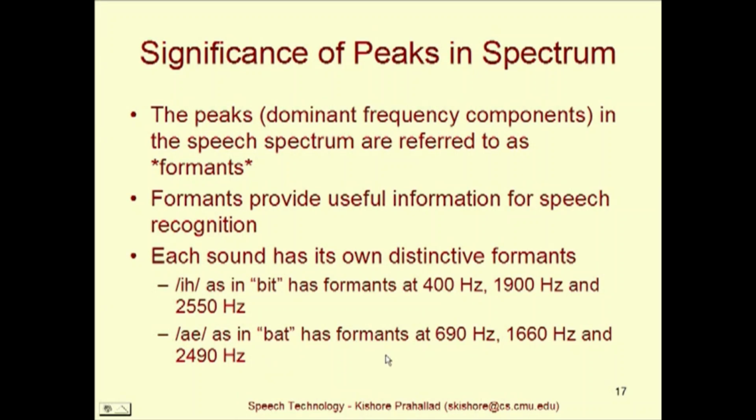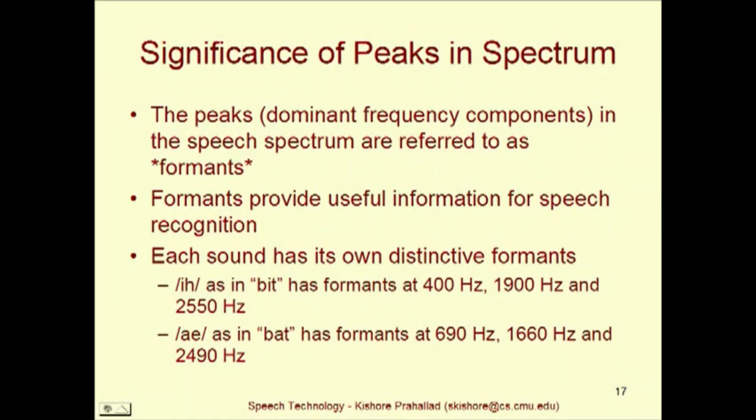So if you look at the spectrum and observe the peaks at these locations, then you know that this is an A, as in bat. Otherwise, if you observe peaks at these locations, 400, 1900 and 2550, then you would know that it is sound E, as in bit. So the formants carry important identity of the sound. That's a very important point to recognize.